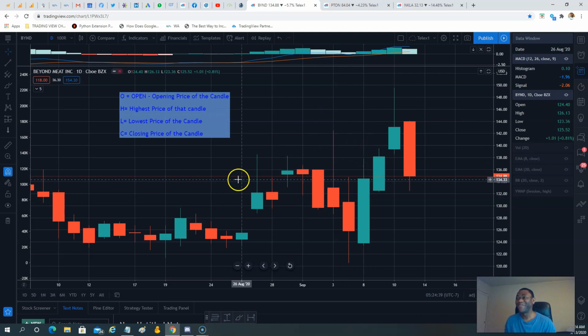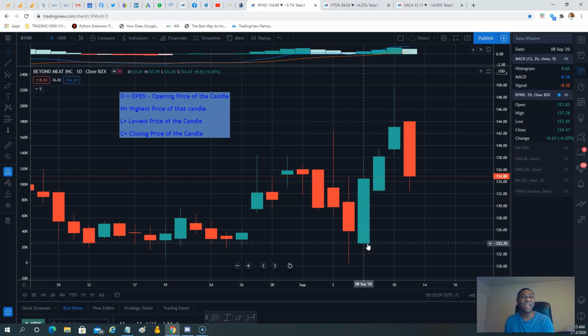So for a green candle, let's define something here first. Let's define something called the body of the candle. The body of the candle is this area which is filled. On a green candle, whatever price is filled in green between here and there is going to be the body of the candle.